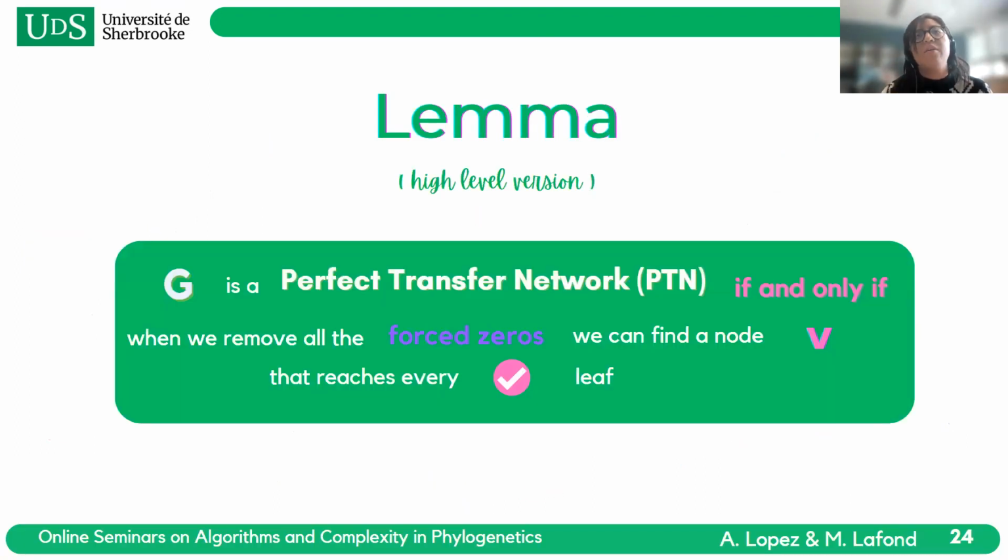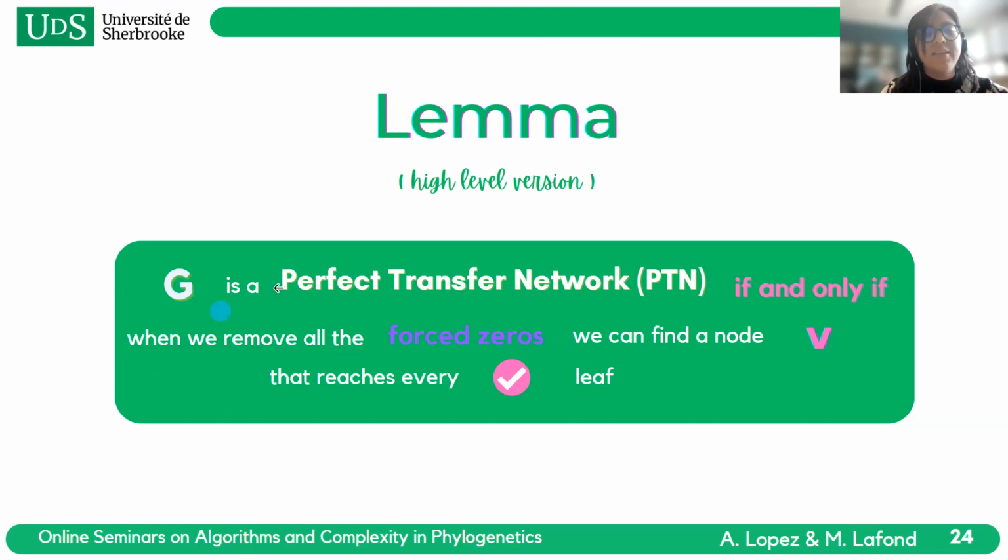So using force zeros, we proposed a lemma, we proved a lemma where if the following is true for every character in our problem, then we can say that an arbitrary network is a PTN. So this is the high-level version of the lemma.